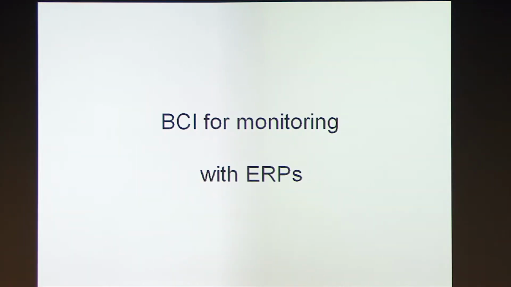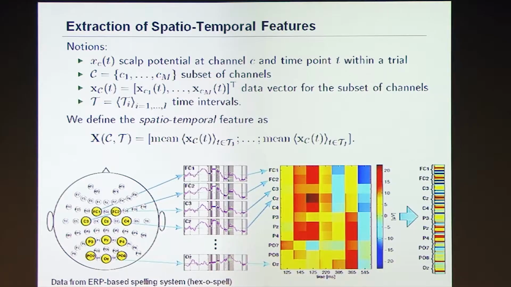Let me change gears from motor imagery to monitoring brain states. In this case, we have some kind of stimulus like this. This is a stimulus to your auditory cortex, and there's a brain reaction to this. This is called event-related potentials.